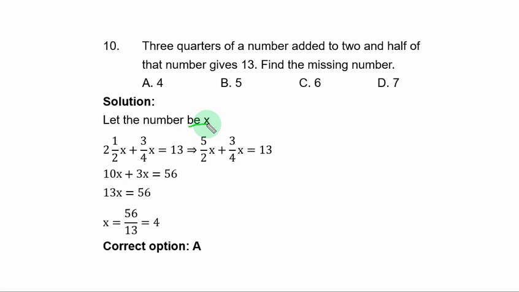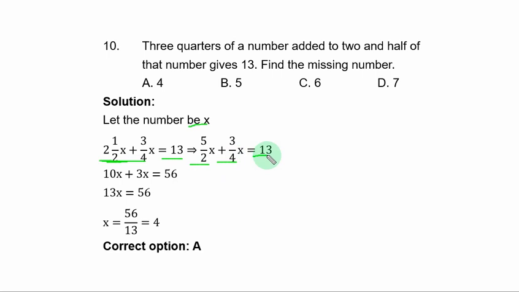So you start from 2.5 of s, plus 3/4 times s. The sum is 13. If you convert the first term to an improper fraction, you have 5/2 times s plus 3/4 times s equal to 13.